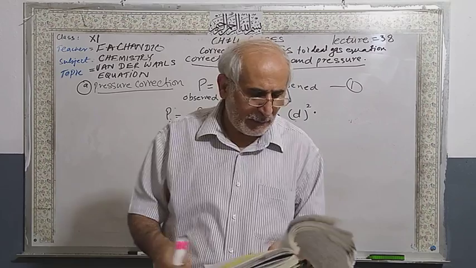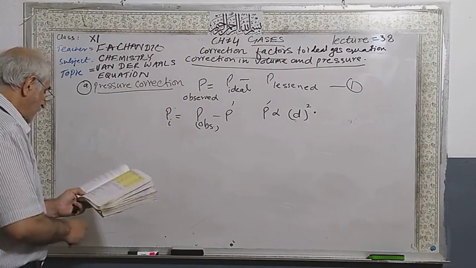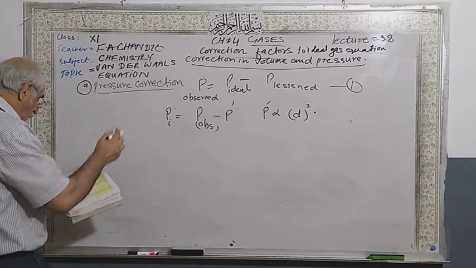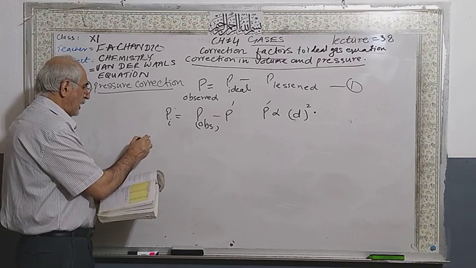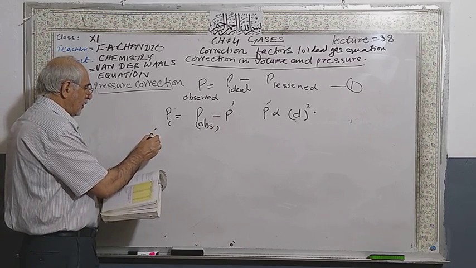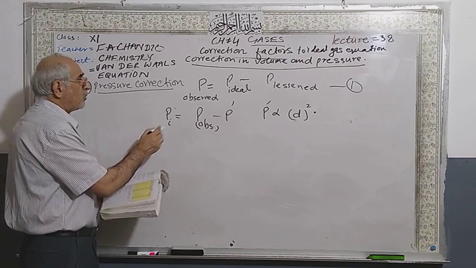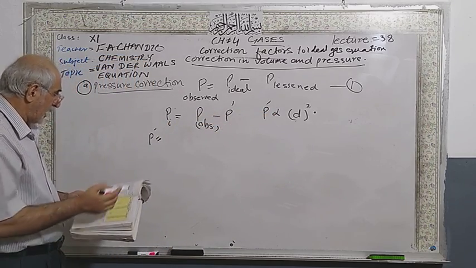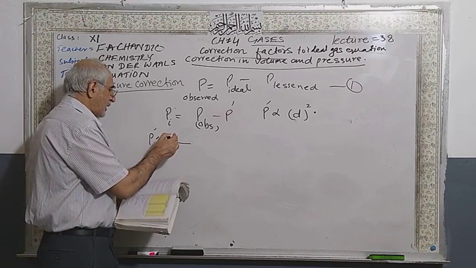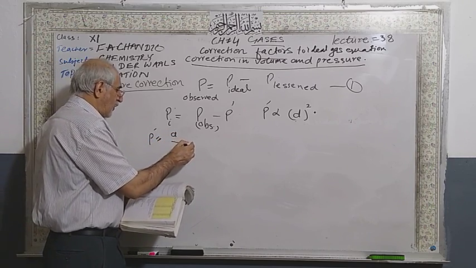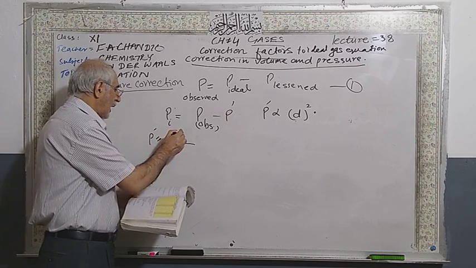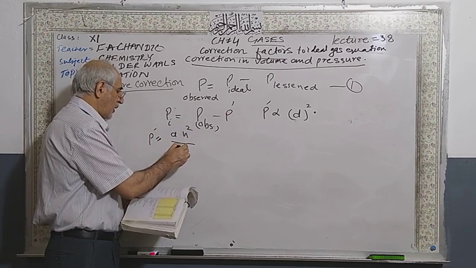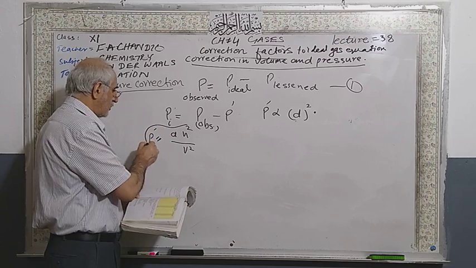So for solving this, P dash will be equal to, because we remove the proportionality sign and make an equal sign, then put the constant. This is a constant a, which is called the van der Waals constant, and then n square over V square.